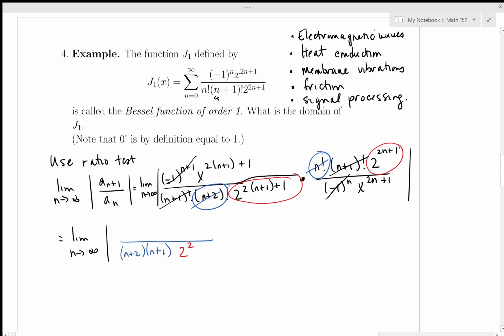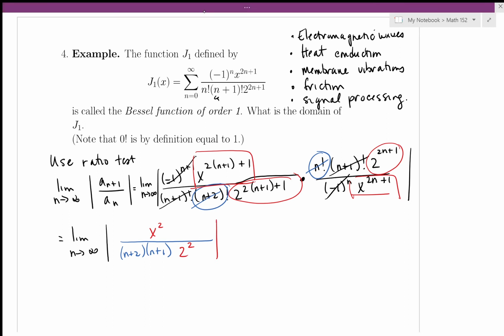And then similarly, it's the same calculation for these two here, leaving me with an x squared in the numerator. Okay, so I am simplifying it down.